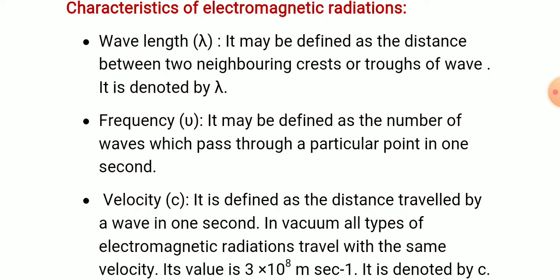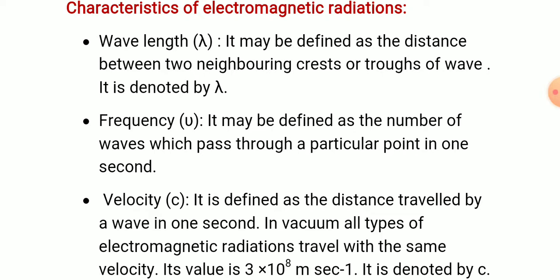And all types of electromagnetic radiations propagate with velocity c. The velocity is 3 into 10 to the 8 meter per second in vacuum. That is, the velocity of all types of electromagnetic radiation is the same.